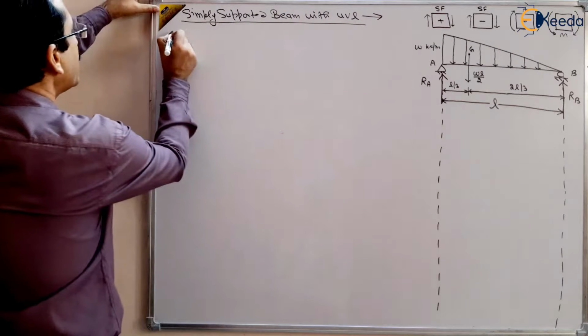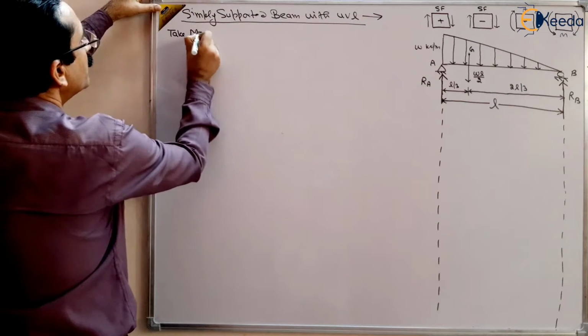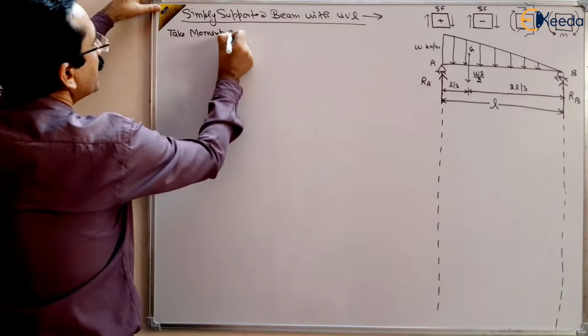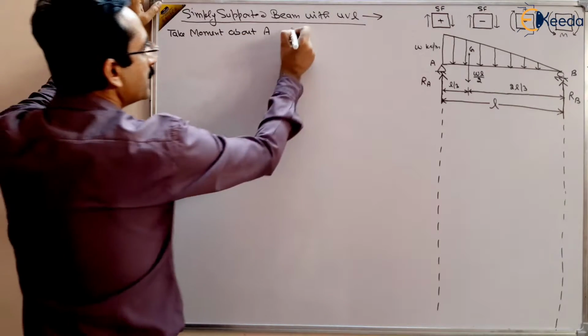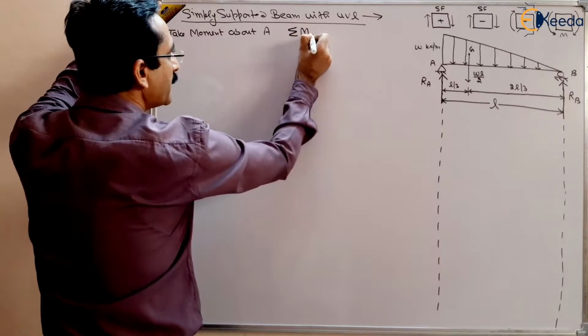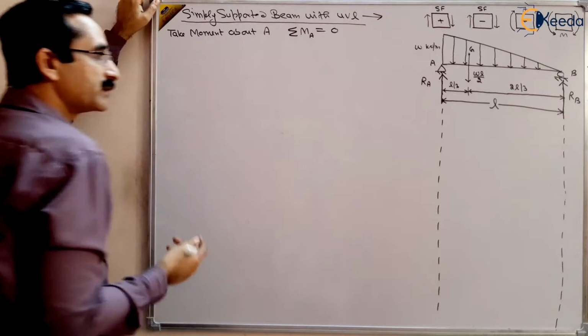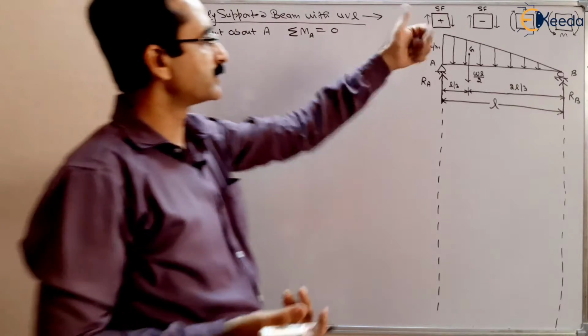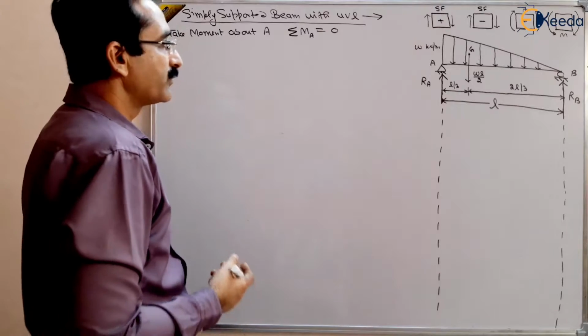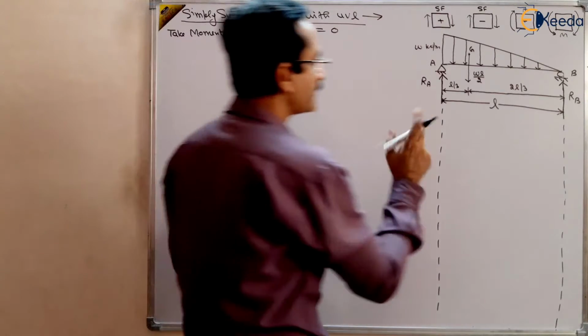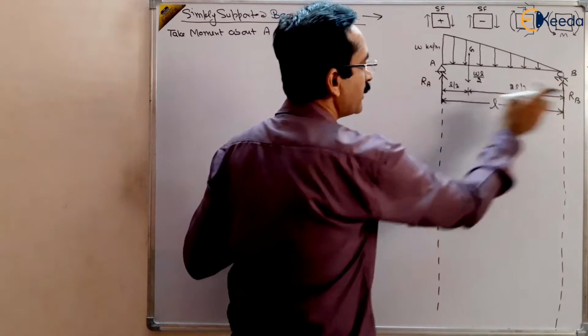Take moments about point A. The sum of all the moments about A should be equal to 0, because it is a hinge joint. How many forces are there? Three forces: RA, WL by 2 and RB.